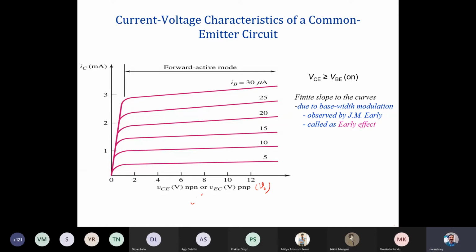This is for the different values of the base current.